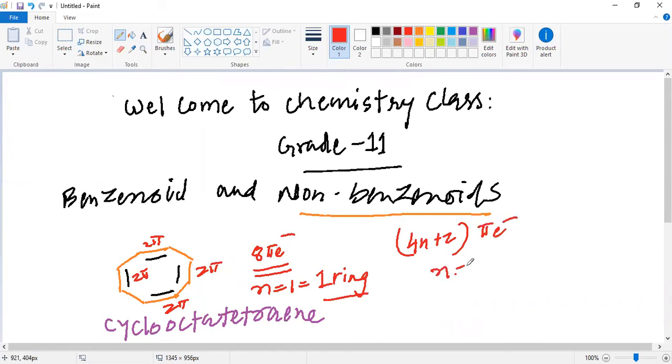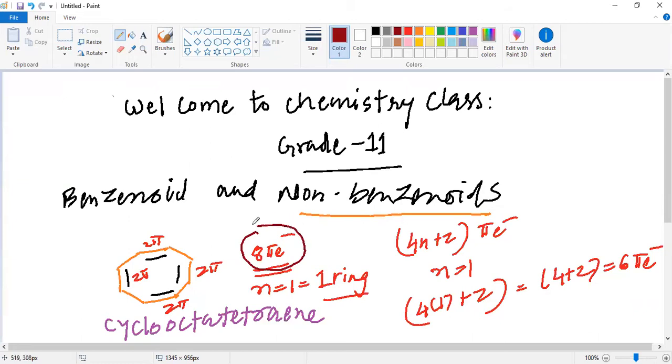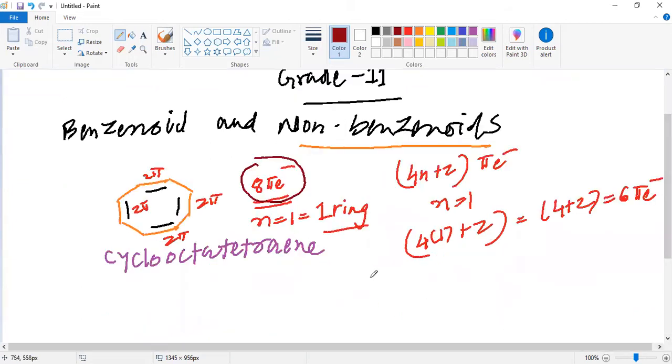So if we put n equal to 1, we should have 4 into 1 plus 2, that is, sorry dear students, 4 ones are 4 plus 2, that is 6 pi electrons. Here we have 8 pi electrons. So cycloocta tetrane has got 8 pi electrons.